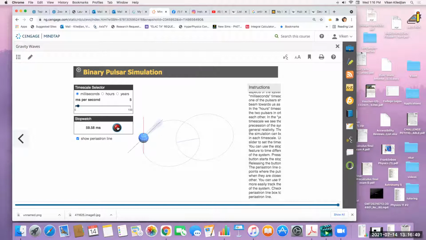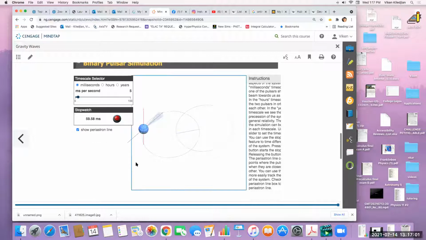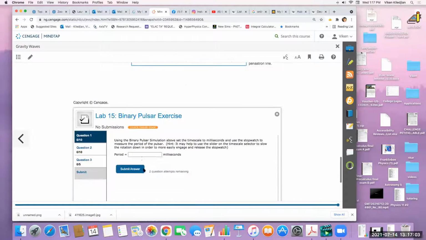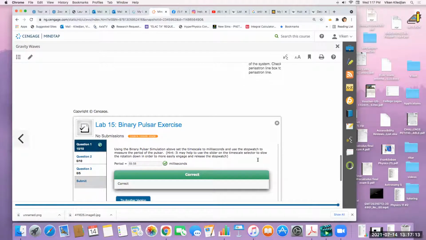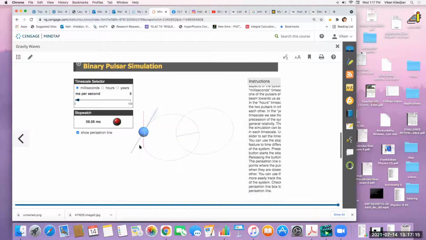If you go slower, you still get the same result because this isn't changing the actual rotation rate, but it's easier to see when it's pointing towards us. So 59.58, let's see if it will accept that. Okay, nice.